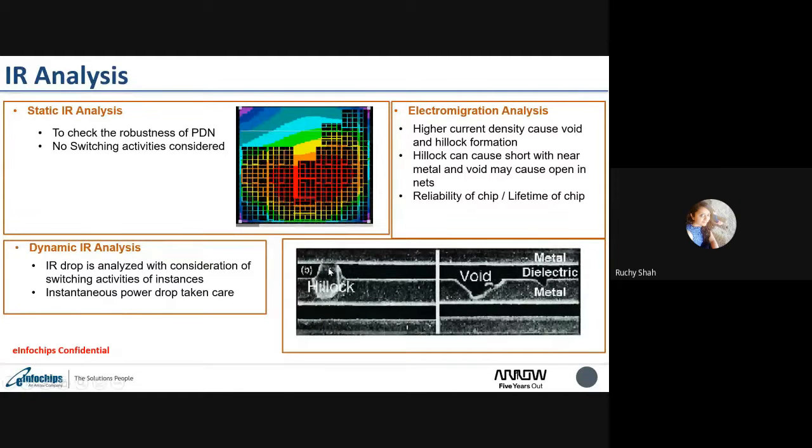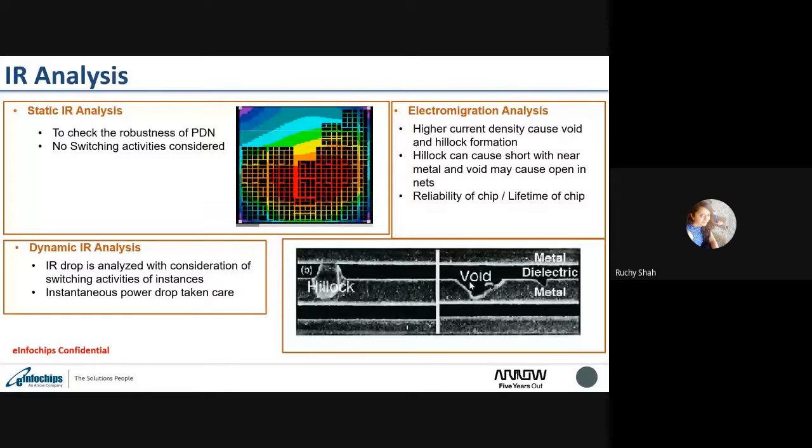And if a hillock is formed there, what is going to be its result? It will short these two metals, right? And a void can cause an open. If this void increases, it will break. So we can say that through the electromigration analysis, we can ensure how long our chip is going to work.